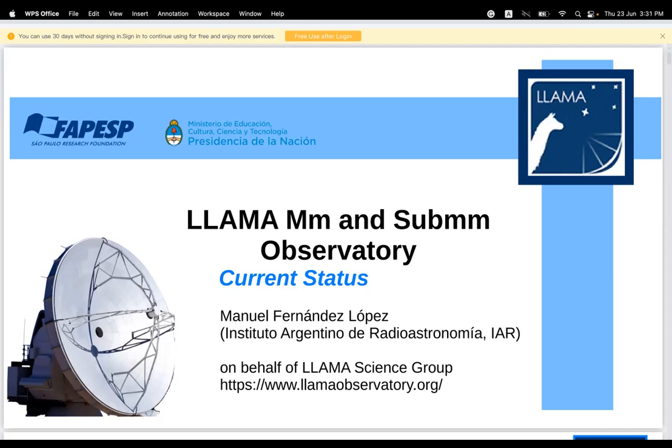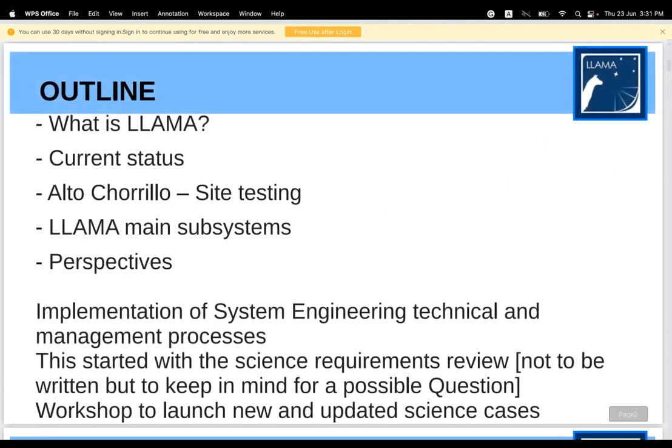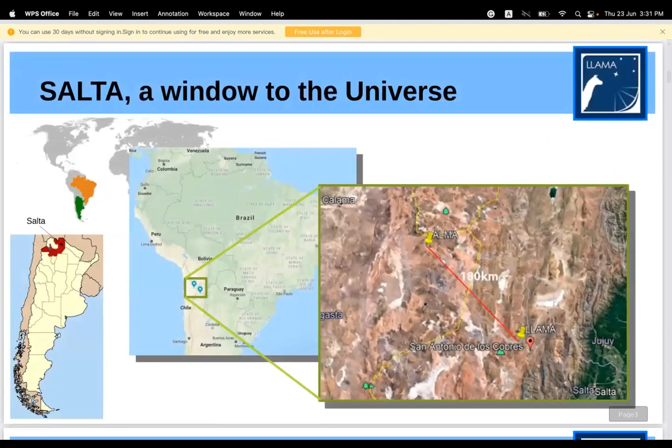So we are trying to raise a sub-millimeter facility in Salta province, which is that red region over there in the Argentinian map.